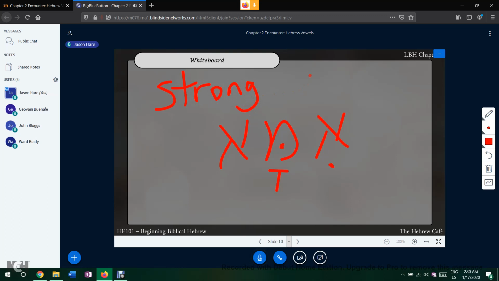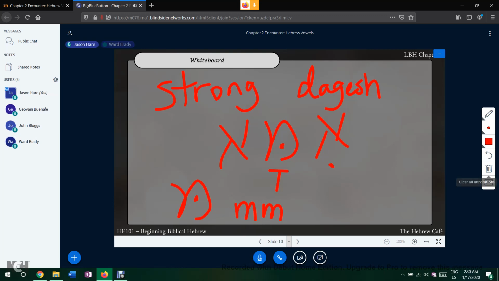You've got strong Dagesh and weak Dagesh. Strong takes a letter and when you point it, it doubles it. It makes it two of them. So Mem, when you put a Dagesh inside of it, becomes M. That makes sense? The Dagesh doubles.